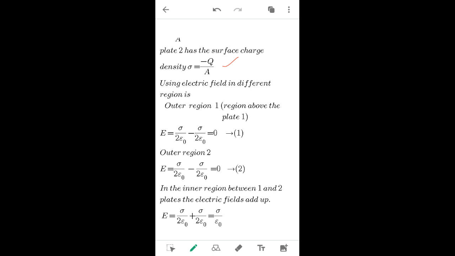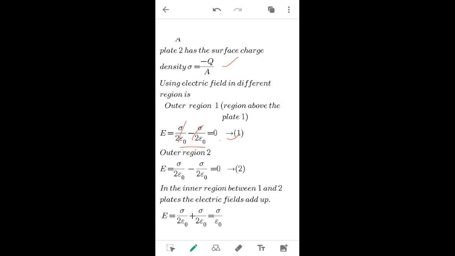Now we will see the outer regions from Gauss law, for an infinite plane sheet of charge, which is already discussed in your first chapter. The electric field is equal to sigma by 2 epsilon naught. There are two surfaces, and in the outer region they cancel each other, therefore you get 0. Let us consider this as equation number 1.